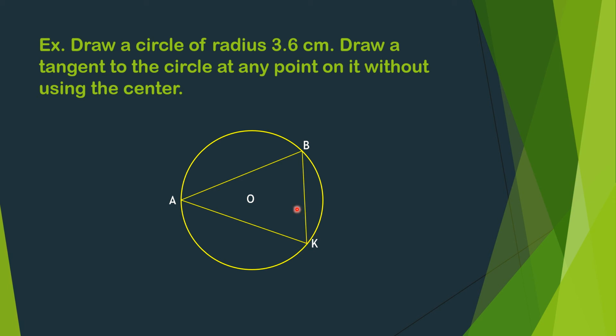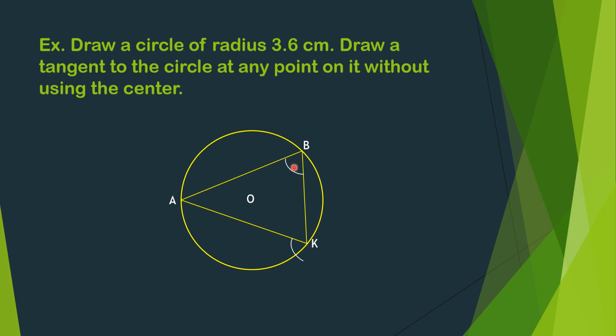So first make an angle congruent to angle B at point K. Take a measure with suitable distance in the compass and draw one arc from point B. With the same distance from the point K, draw another arc.